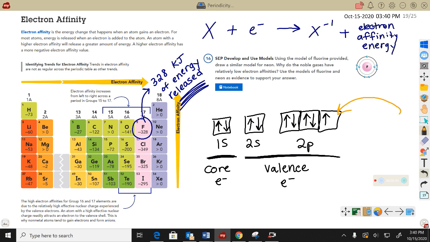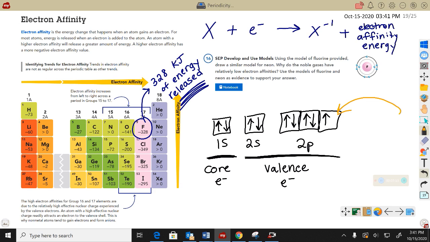So fluorine's going to want to gain one more electron and fill that outer orbital. And so when you look at the period going across, almost every row will have the halogen showing the highest release of energy, the highest electron affinity energy.